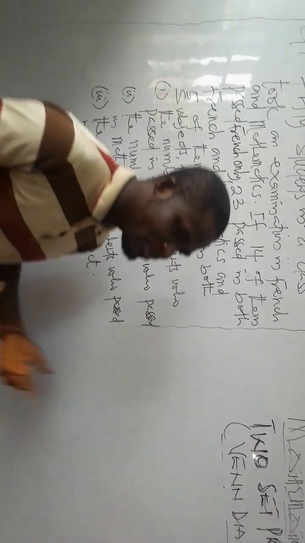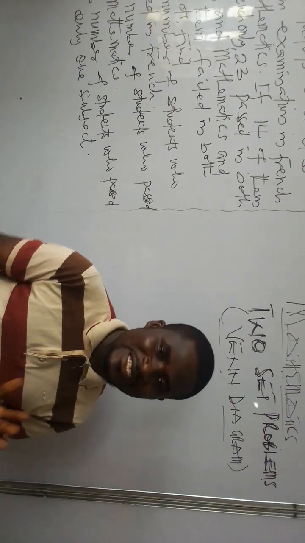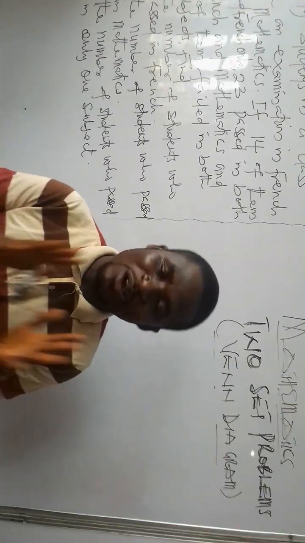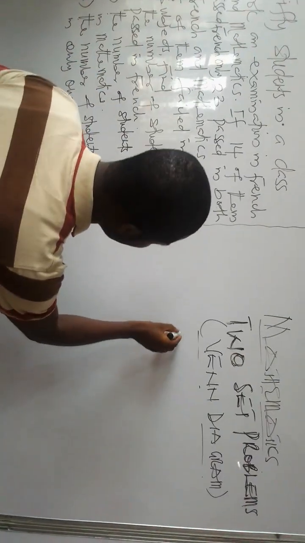Good. In our previous lesson, we learned how to write our data, so we're not going to write the data here. We are going straight forward to draw our Venn diagram. So follow jatonlinemaths. Now listen. This is our Venn diagram.